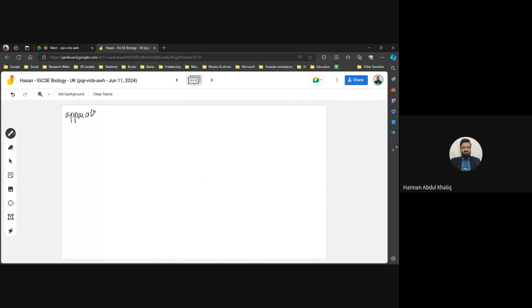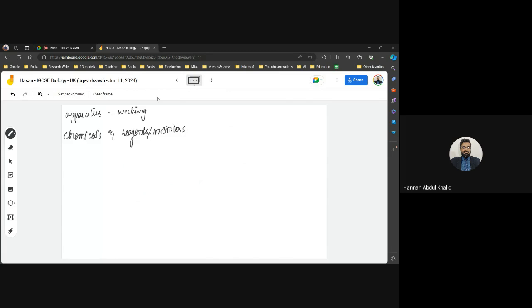The second thing we should know is the chemicals and reagents and their use. You can even include indicators in this list.